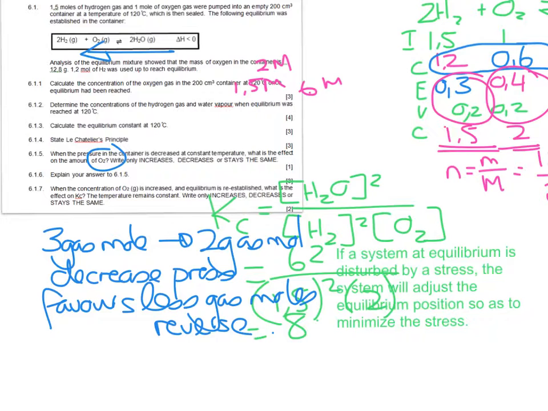If it's favoring the reverse, it will land up increasing. When the concentration of O2 is increased, the equilibrium is re-established, and what is the effect on Kc? The temperature remains constant, right? Only increase, decrease, or stays the same. Kc will stay the same because it is only temperature that makes any change to Kc at all.